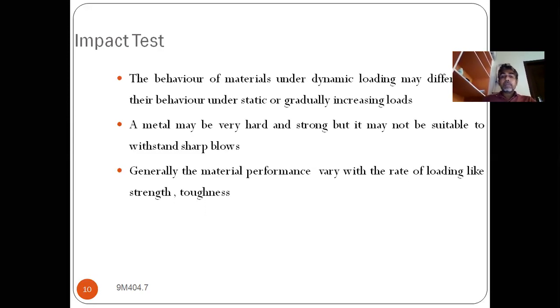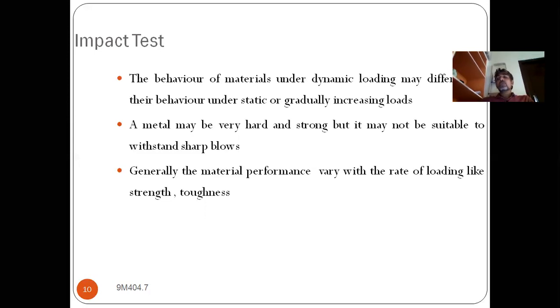Generally, material performance varies with the rate of loading, like strength and toughness. That means strength and toughness will change based on the type of loading. So that is the need of the impact test.